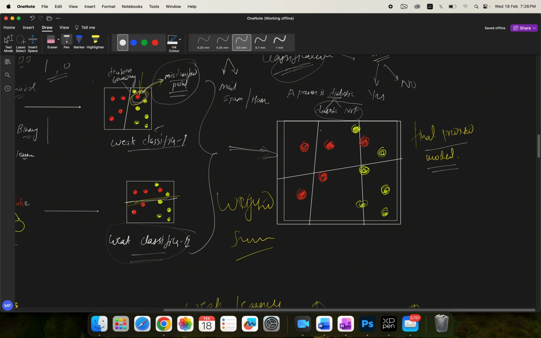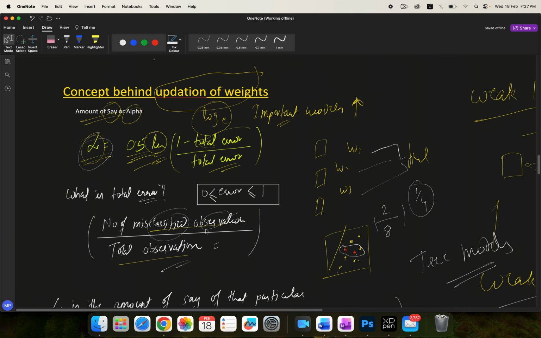We specify in the model how many weak learners we want, and the weighted sum of all these weak learners will ultimately give us the final predicted model. So this is the idea. Let me tell you the concept behind updating the weights, how the weights are updated. Basically, we start with a base model with equal weights given to every observation.